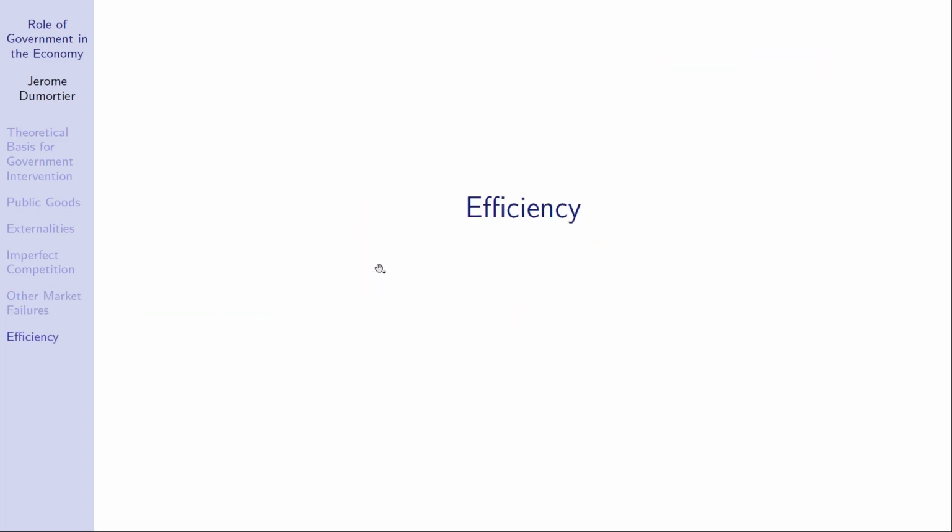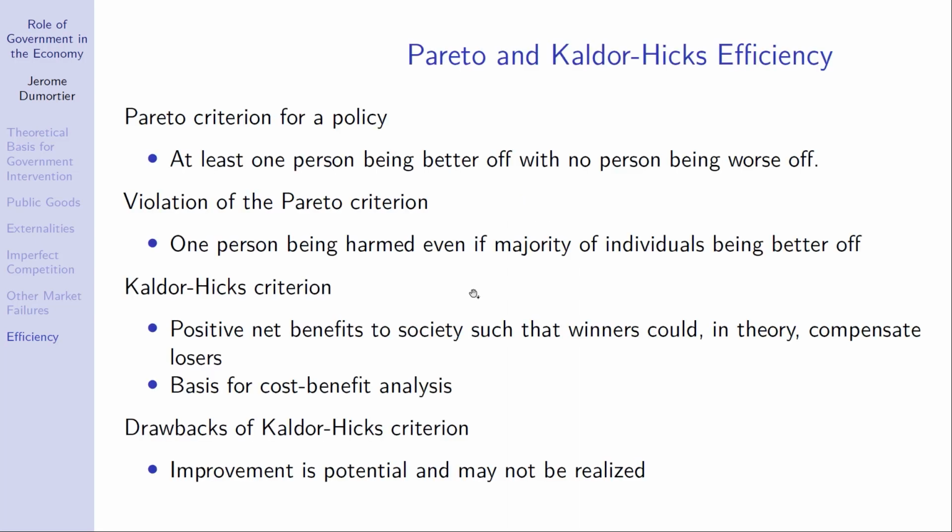Now, we have talked a lot about efficiency in this lecture, so let's dive a little bit more into efficiency, and we are going to cover more aspects throughout this entire lecture. There are basically two efficiency criteria that I would like to talk about.